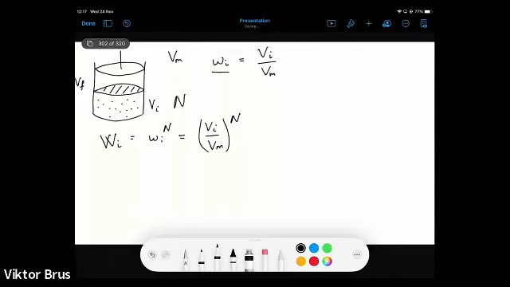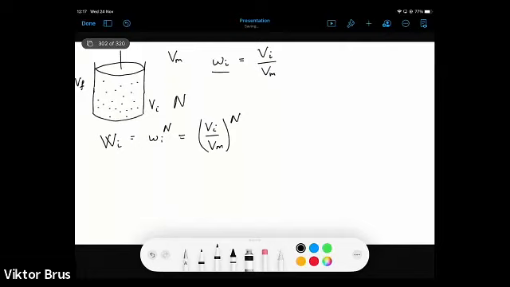So what will happen if we take away this membrane? Let us show it here. We have the same number of molecules n, but they will occupy evenly all the volume of the container. So then we need to operate with V final instead of Vi.